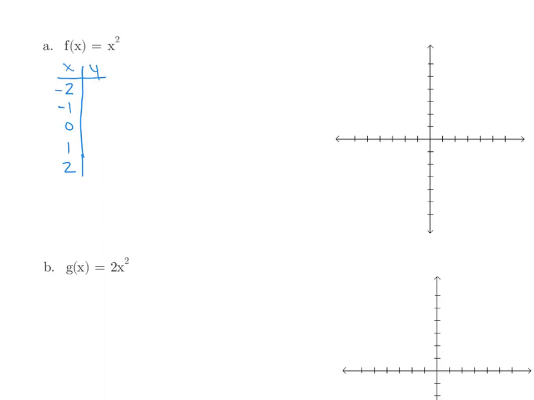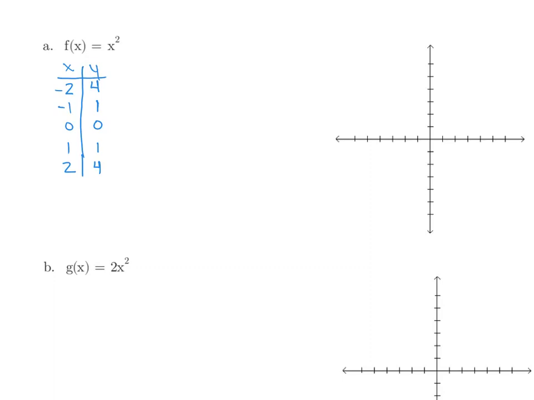We're just going to square these numbers. Negative 2 squared is 4. Negative 1 squared is 1. 0 squared is 0. 1 squared is 1. And 2 squared is 4.